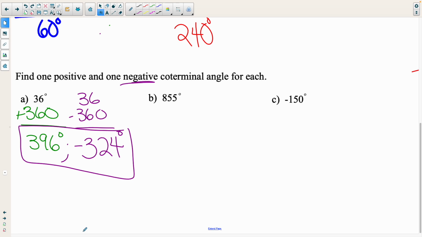I have found one positive and one negative coterminal angle to 36. Okay, see if you can do that for the next two. Make sure you keep going until you get your answer in the constraints, okay? So sometimes you have to add or subtract more than one rotation. Just keep going until it gets positive or negative, depending on what you need it to be.